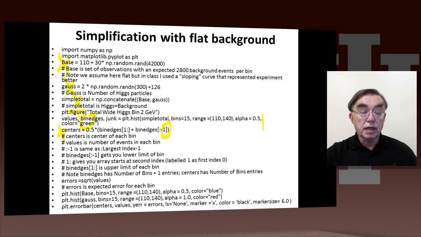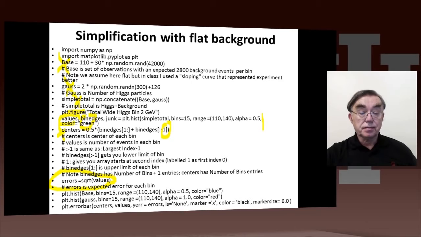And then we have here the values, which is the number of counts in each bin. Then we set here the errors, which is, as I discussed, the square root of the number of events. We'll discuss that a little more later on.